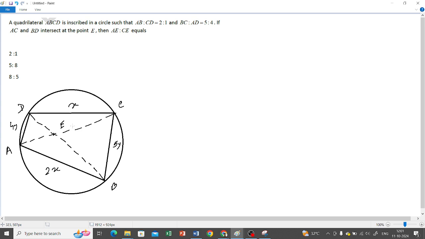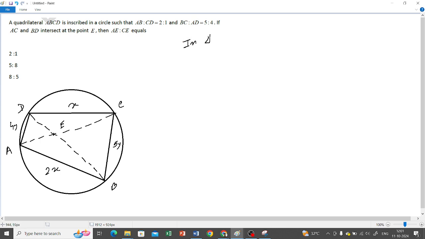AC and BD intersect at E, then A is to CE equals, okay. Now আমি যেটা বললাম, so we have application of similarity over here.